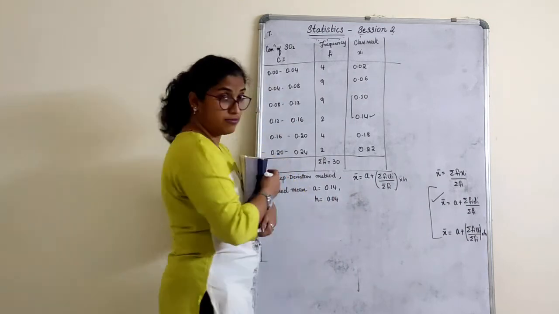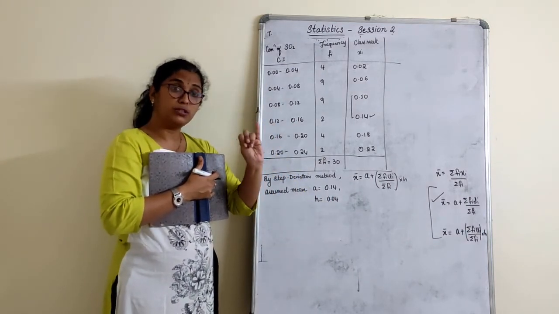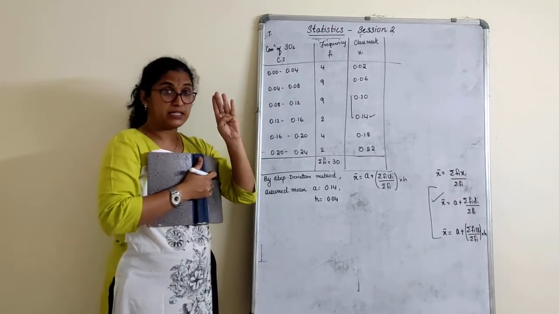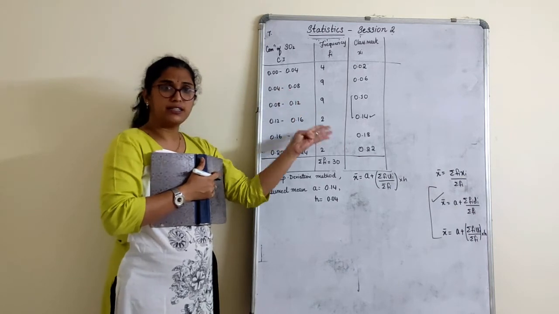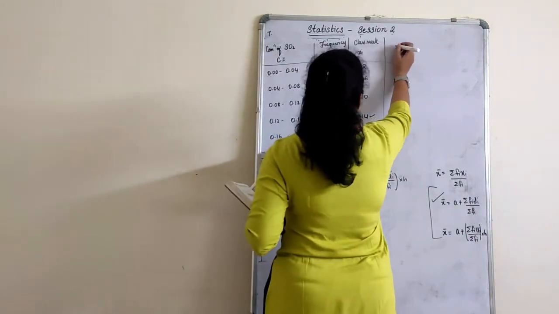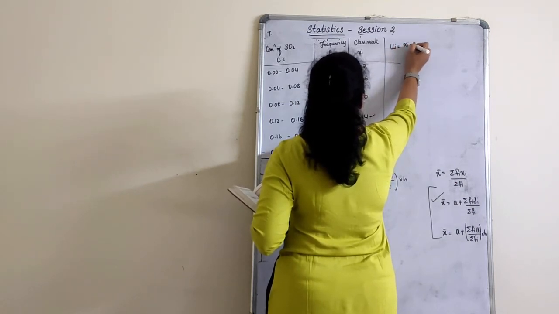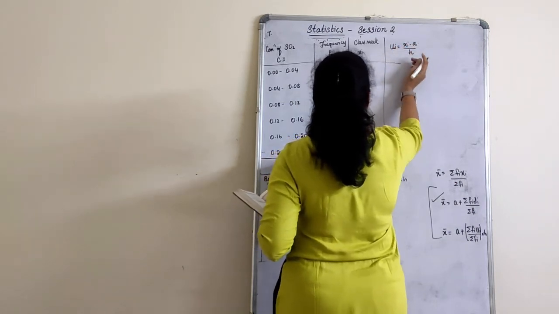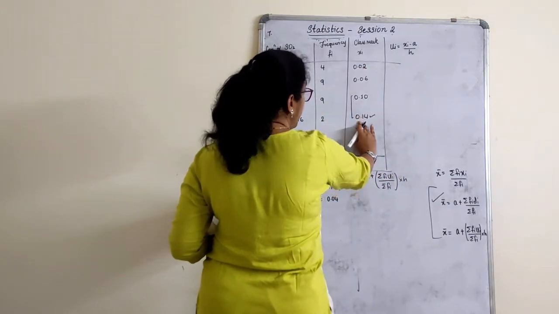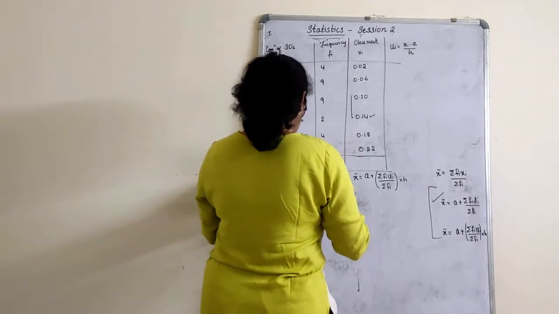If you are getting confused, just count: 0, 1, 2, 3, 4, 5 are there. But this 4 is repeated here. That means it is 4, in point it is 0.04. Our next aim is to find ui, which is equal to xi minus a, upon h. That is 0.02 minus 0.14 divided by 0.04. That is how we do it.